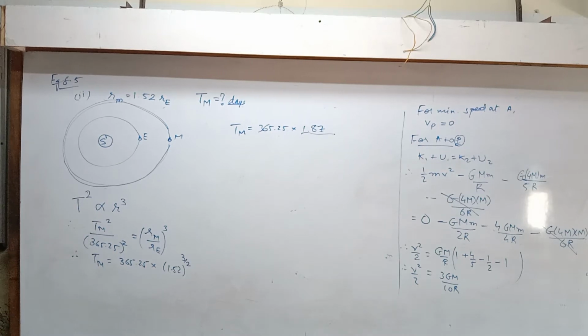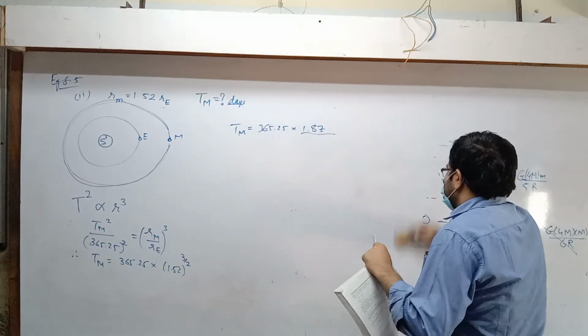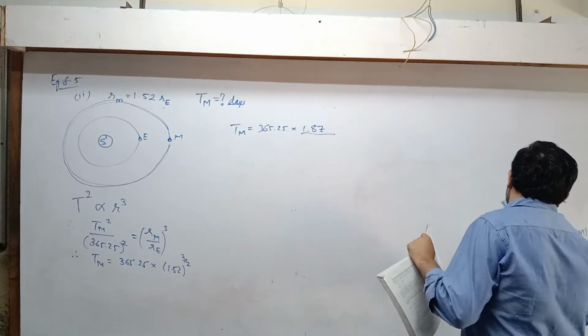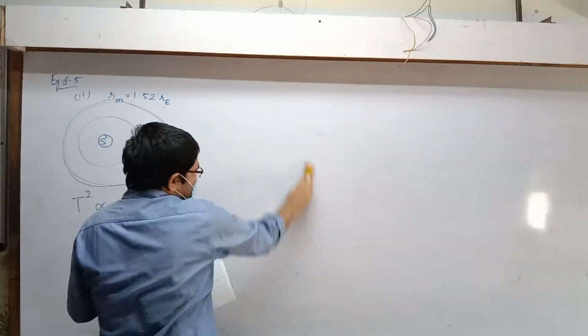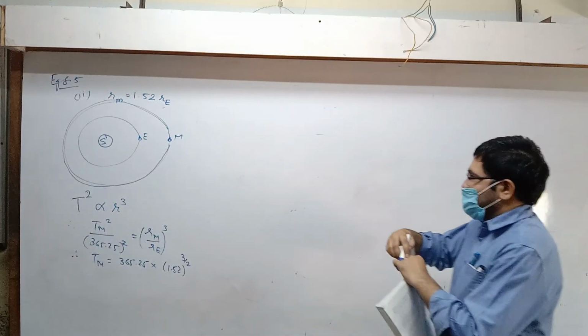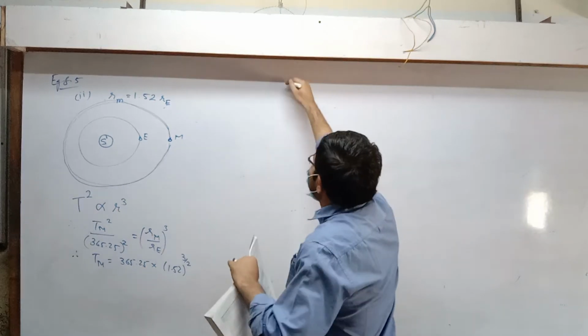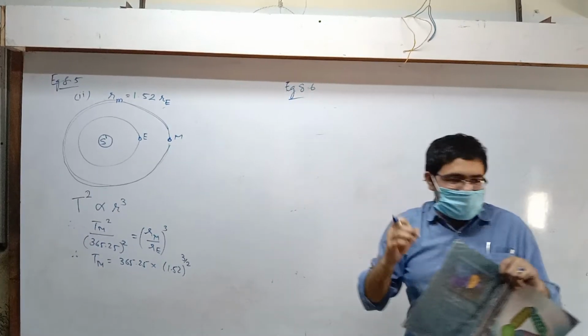Weighing the Earth. Example 8.6. You are given the following data. So we are given some data here, and based on that, we have to find the mass of Earth. Weighing the Earth means finding the mass of Earth. In fact, we talked about it yesterday.